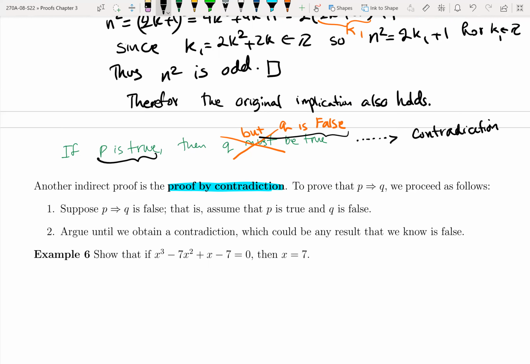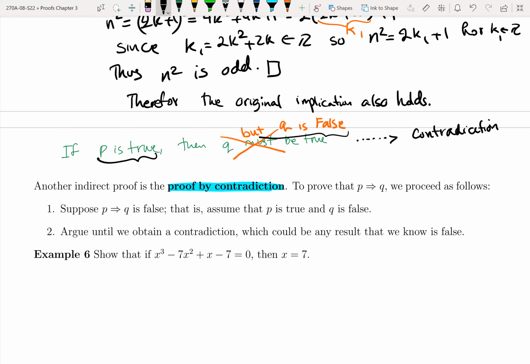So here is a silly example, okay? Let's say if you get an A, you pass 270A. This is just a P then Q statement. What does the contradiction method say?